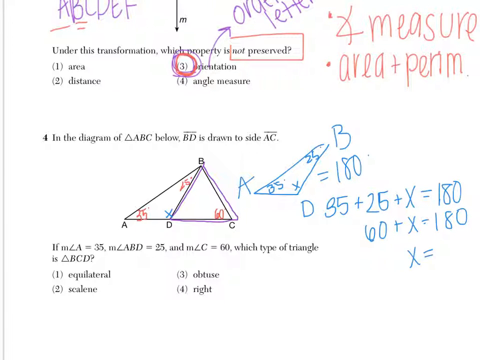Solving for X, we find that it's 120 degrees. So this angle, ADB, is 120 degrees.